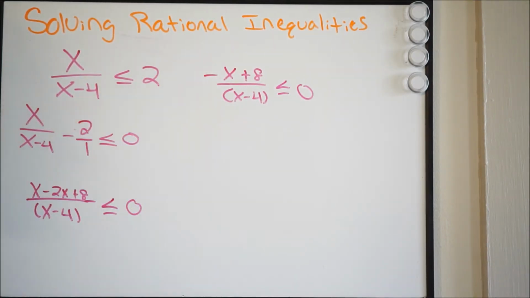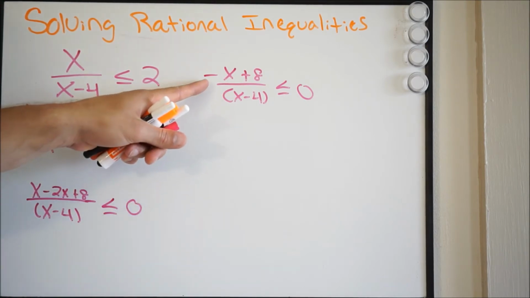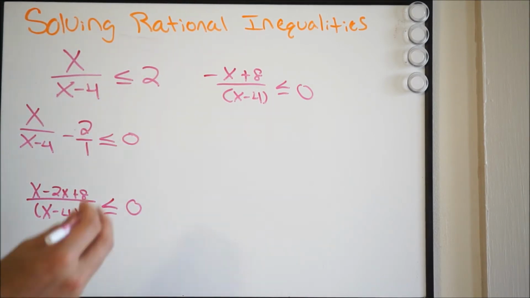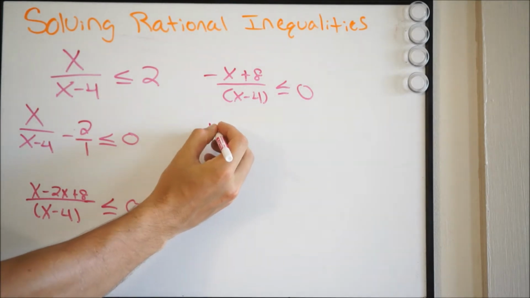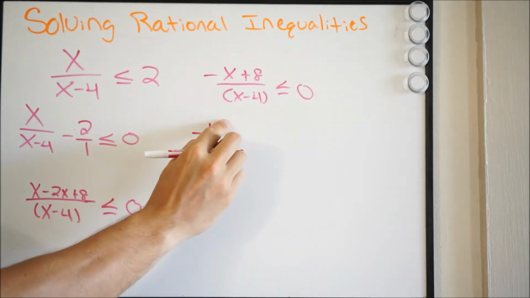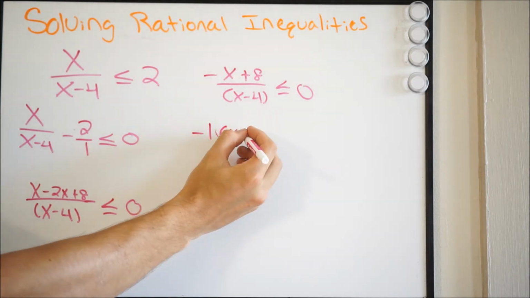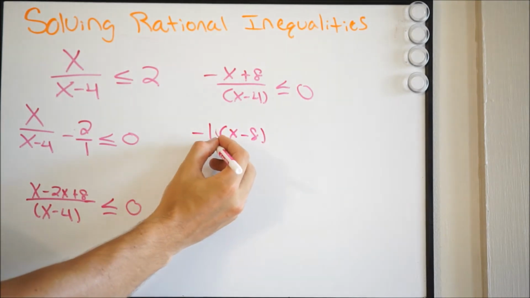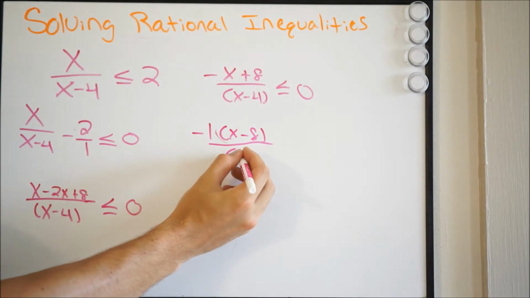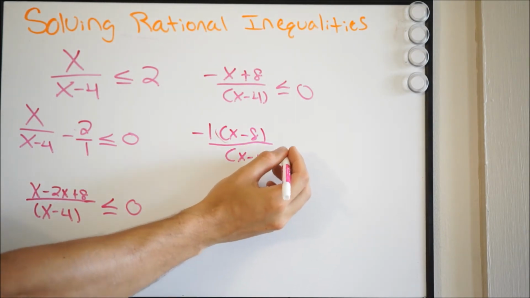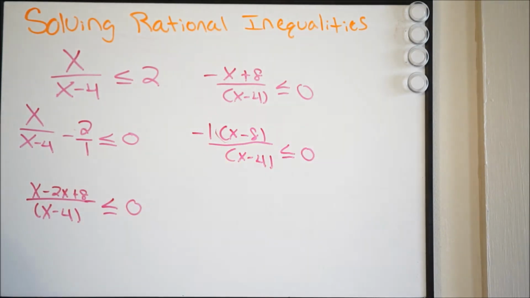Well, my denominator is completely factored. Here, I can take out a negative 1. So let's go ahead and do that. I'm going to take out a negative 1, and I have the following. I have x minus 8, and then I'll have x minus 4, less than or equal to 0.